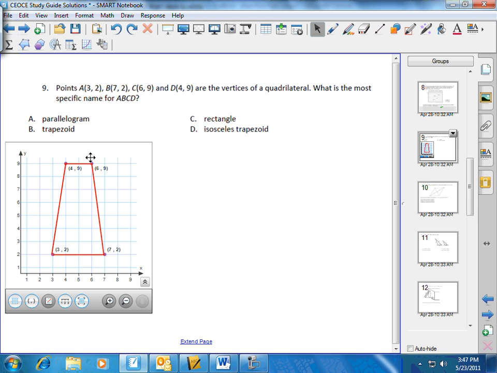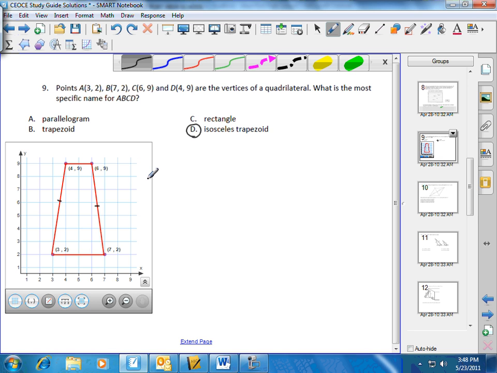So they have the same slope. The points are the same distance from each other. So that means that these two sides of the trapezoid are congruent. Okay, so we have an isosceles trapezoid.